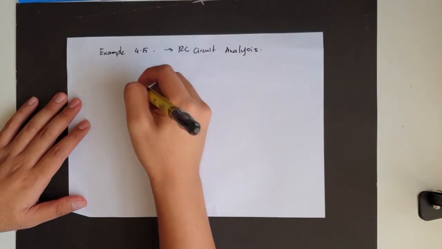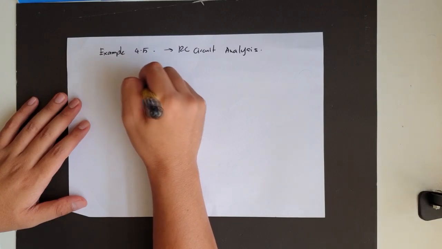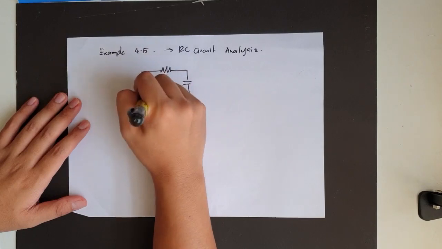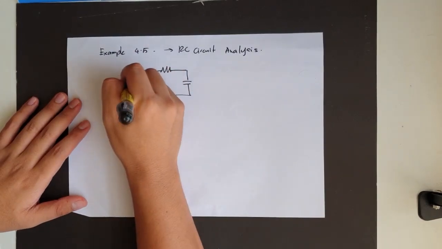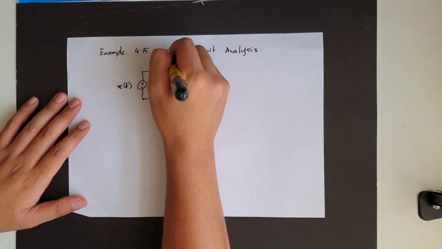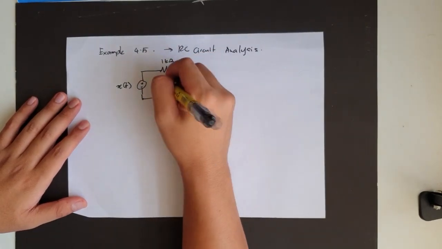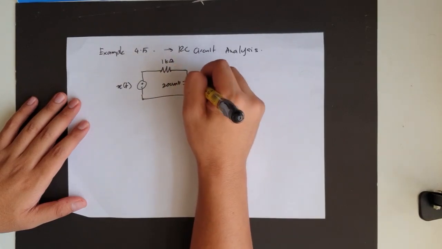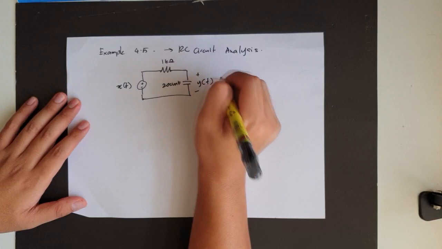Here we have an RC circuit with a resistor and a capacitor. This one is x(t), and the value of R is 1 kilo ohm. The value of the capacitor is 200 millifarad, and this is the output, which is y(t).